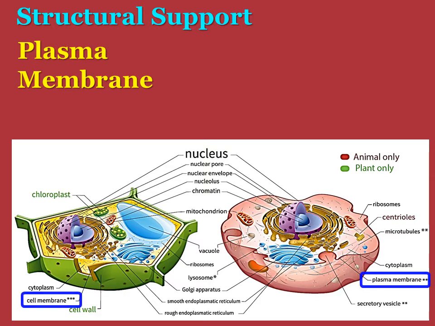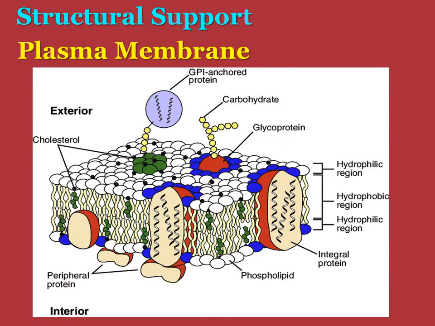The plasma membrane found in all cells encloses the cytoplasm. It acts as the gate of the cell since it regulates the entry and exit of materials into and out of the cell. It consists of a fluid phospholipid bilayer in which embedded proteins form a mosaic or irregular pattern.